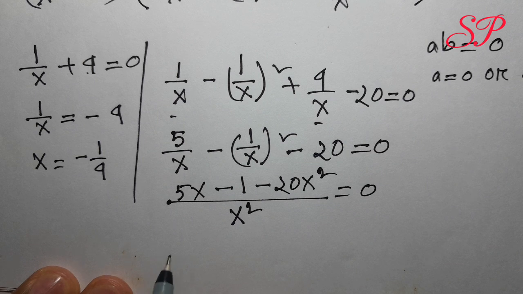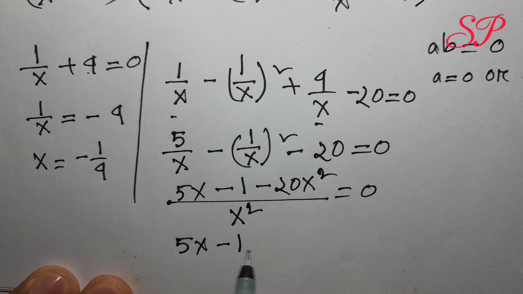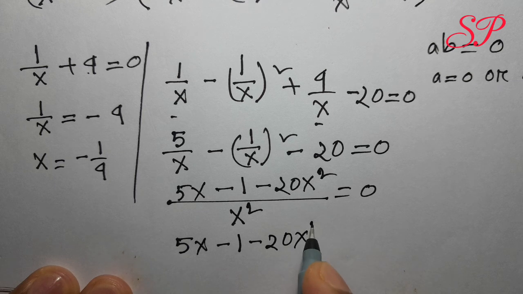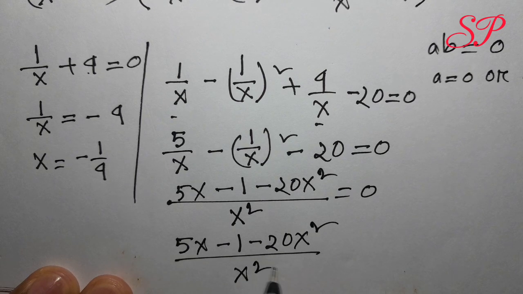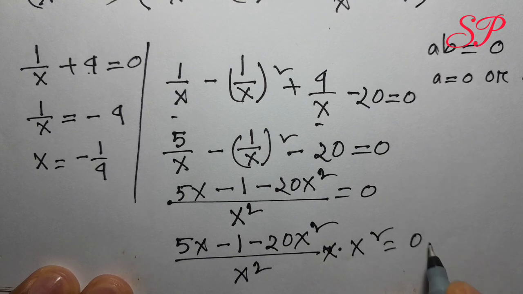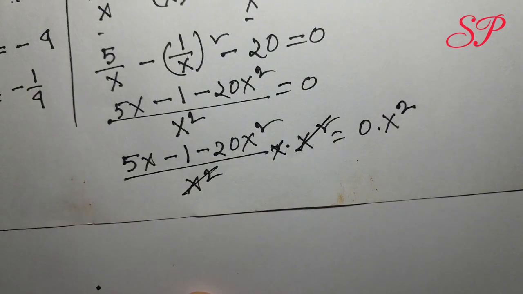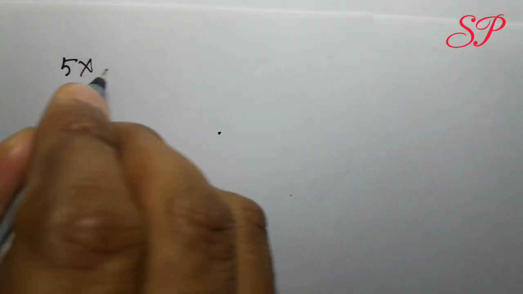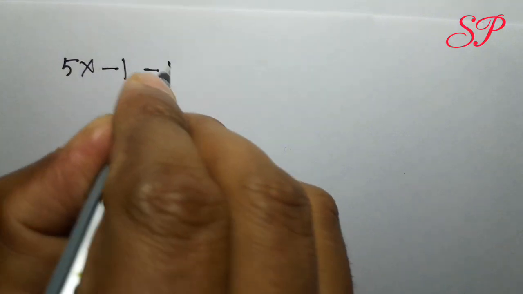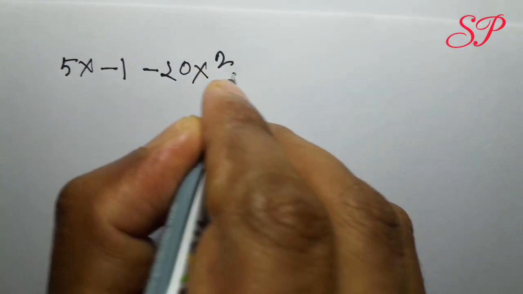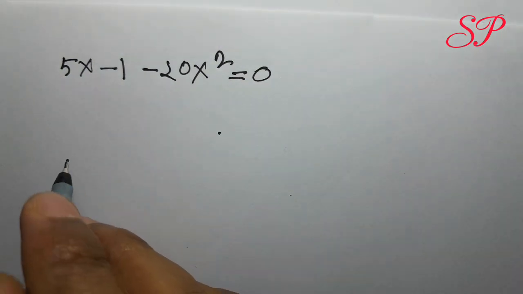Then we can write here, multiplying both sides by x square, minus 1 minus 20x square by x square into x square is equal to 0 into x square. Okay, here x square is cancelled, and 5x minus 1 minus 20x square is equal to 0.